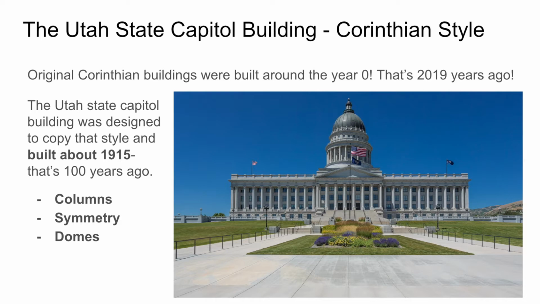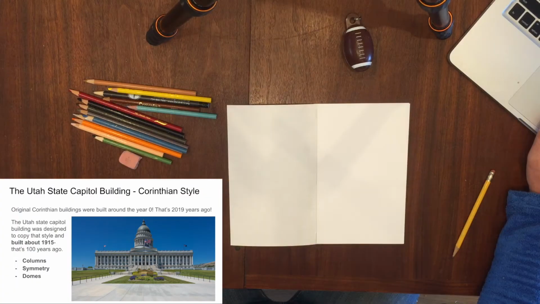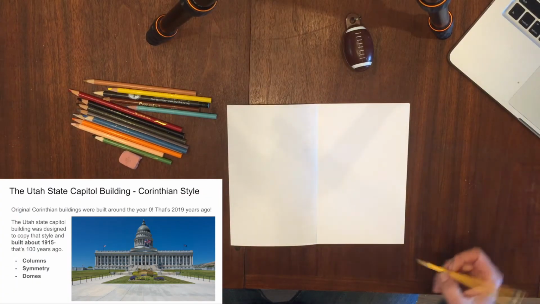Our Utah State Capitol building was built around 100 years ago in 1915. And we'll notice that some of the important features are that it has the columns, it has the dome, and it's symmetrical. That means it's the same on the left and the right. Okay, so our first building is the Utah State Capitol building.